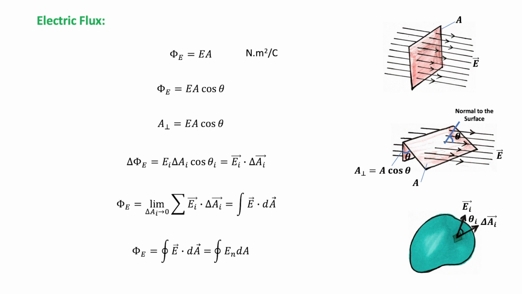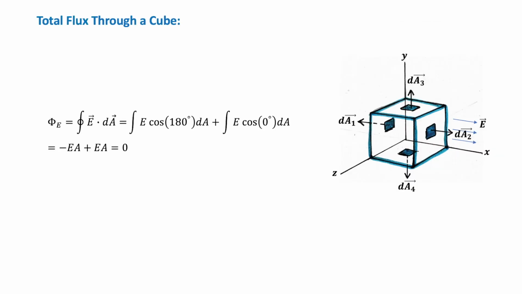So let's consider this example. So we have a uniform electric field that is constant in both magnitude and direction, and we want to find the electric flux through a cube. And so we write phi_E is equal to closed integration of E dot dA. But you can see that the electric field lines are perpendicular only to two faces, which is this face 1 and 2.